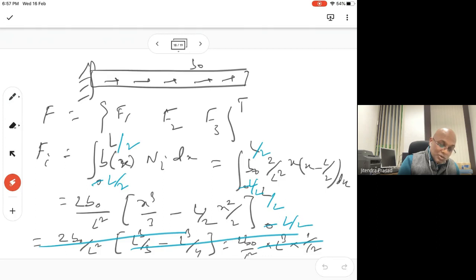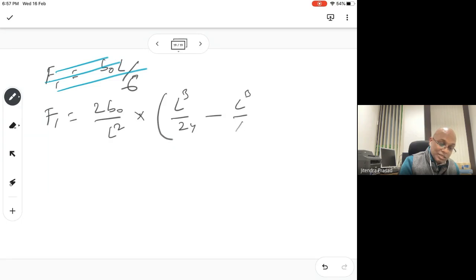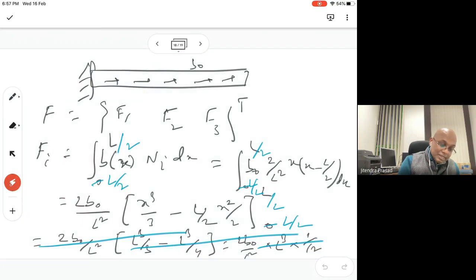And then L over 2, and then we have L over 2 here, so L square over 4, L cube over 16. So here we have L square, so L cube, and 2 here, and 4 coming from here, 16. So L cube over 16, and then this term we will add, but it is going to cancel the previous one.